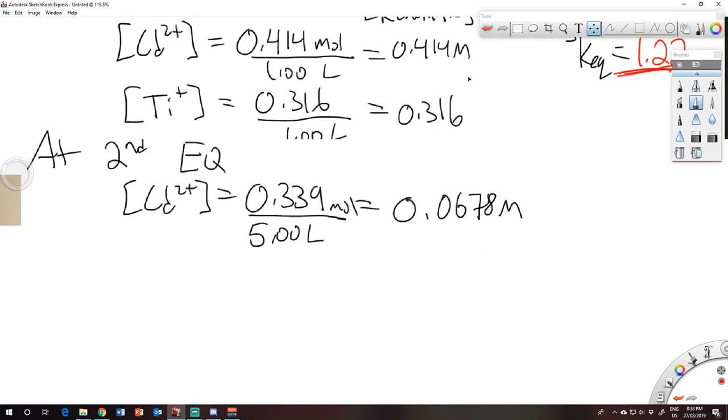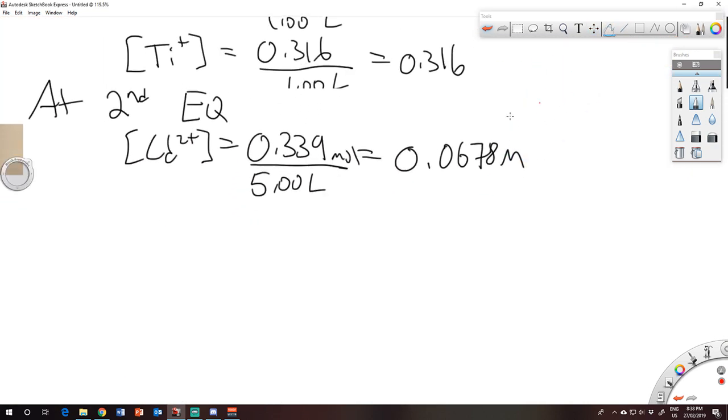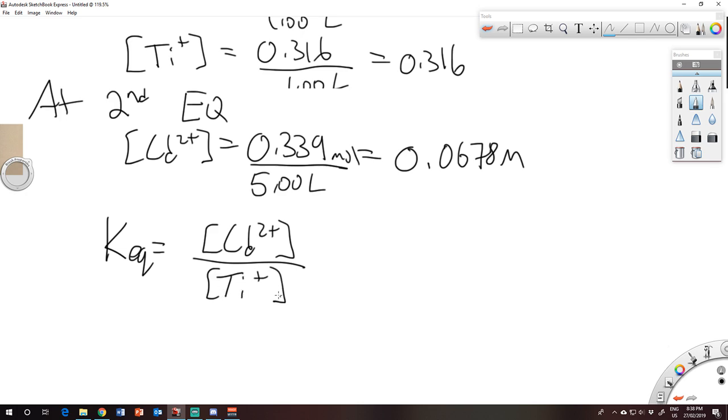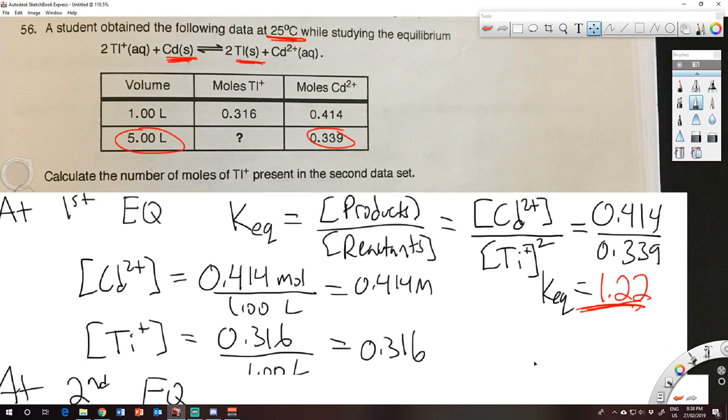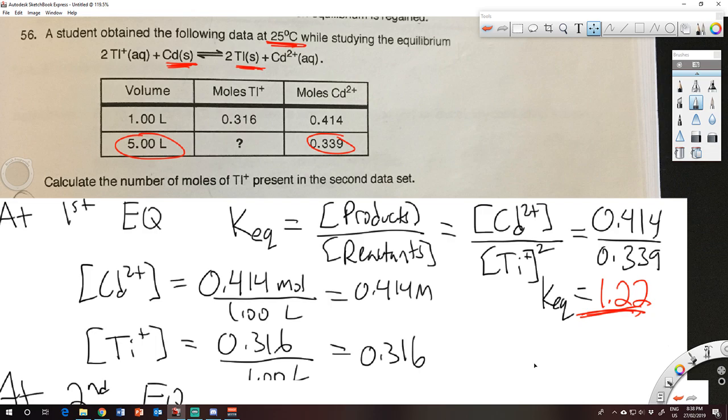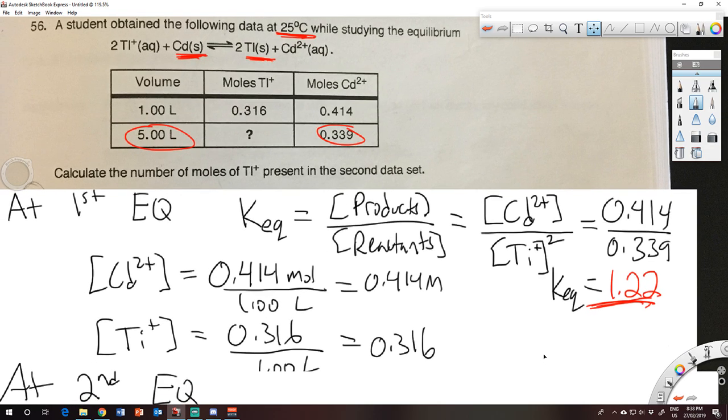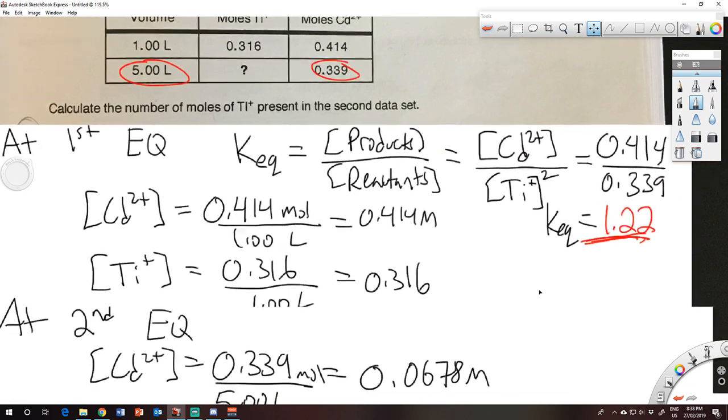So if KEQ remains constant, then I can write the following: KEQ equals concentration of cadmium 2 plus over titanium plus. Did I miss anything? Oh, I did miss something. That should be a titanium squared. I have to go change some things now.